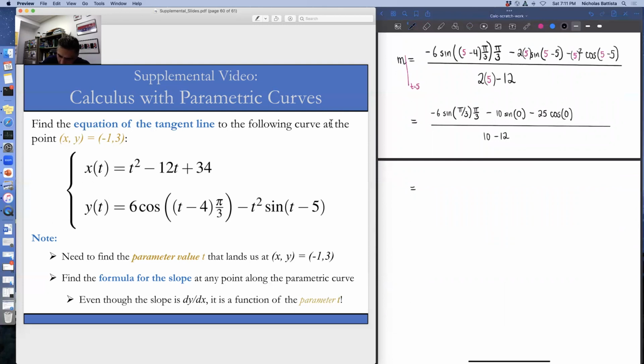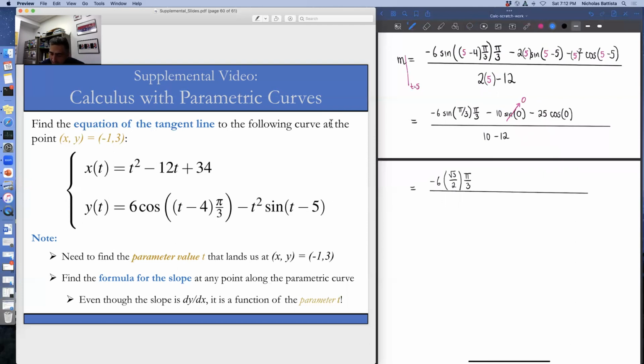All right, let's continue reducing this slope now. In that numerator, we have -6 times sine of pi over 3. Sine of pi over 3, well, that's the square root of 3 all over 2 times pi over 3. All right. If we're looking at the next term, minus 10 times sine of 0, that thing is 0.